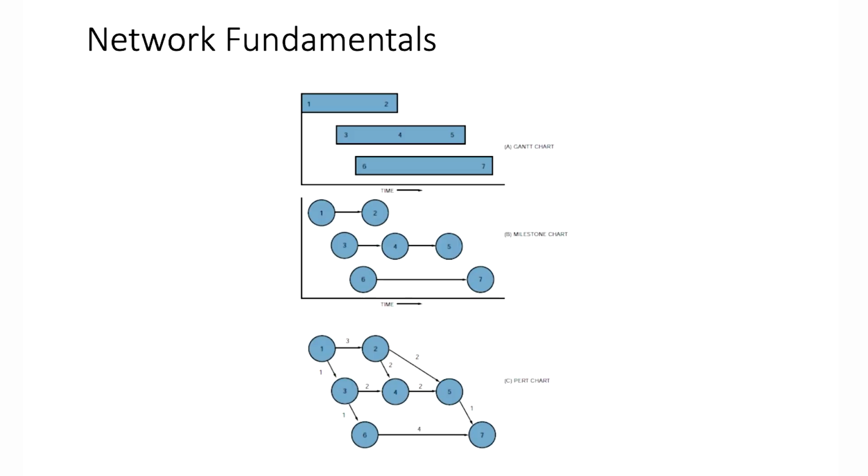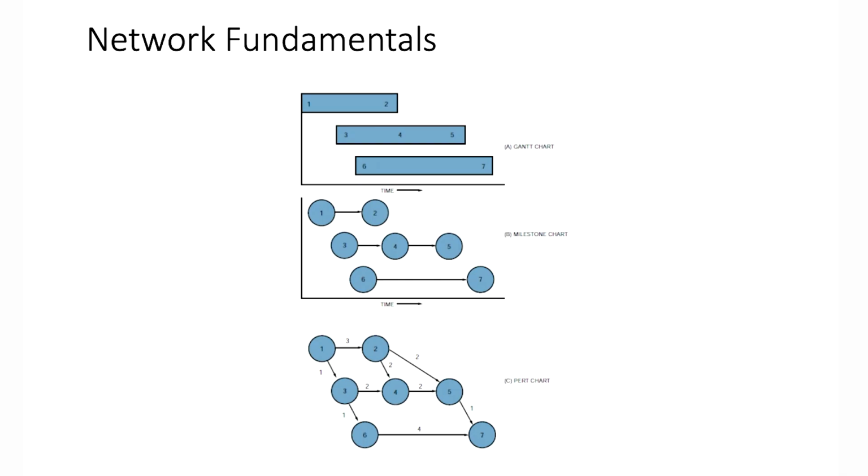Here we can see that we can start with a bar chart at the beginning and then convert it to a PERT chart. First you will start with a Gantt chart where you have the beginning and end of each activity. Then you can add a milestone chart, which will show the end of the activities.